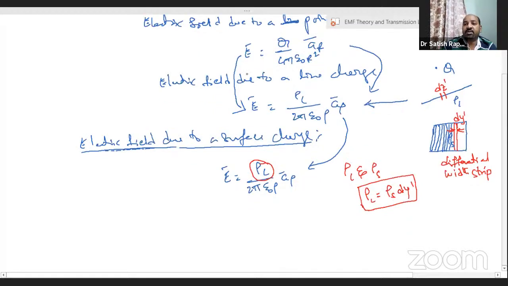For example, what are the units of line charge density? Coulomb per meter.